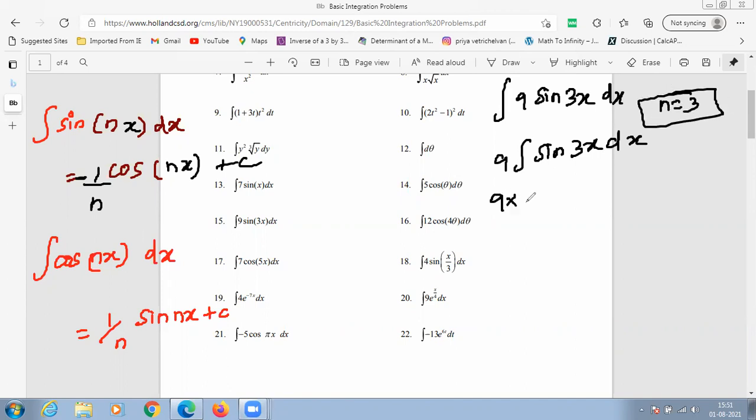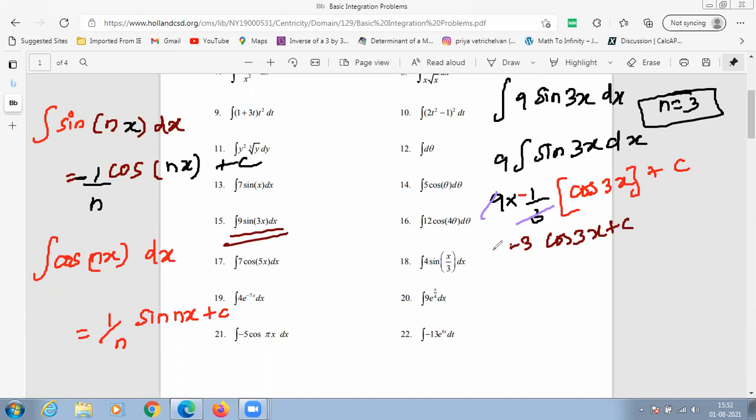So it will be 9 into 1 by 3, and you have minus sign also, and cos 3x plus c. Cancel out the 9 and 3. It's going to be minus 3 cos 3x plus c. So that is the result for question number 15. I hope it is clear. We'll move on to the next question.